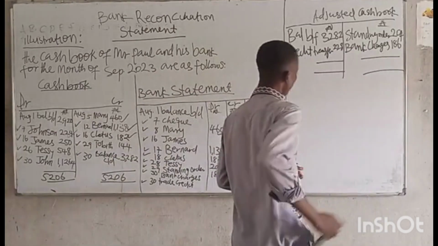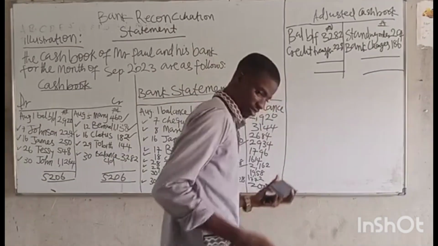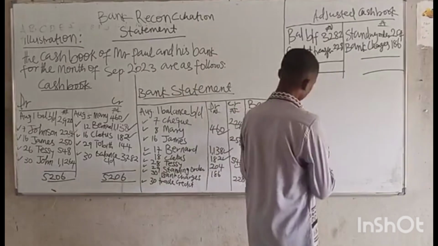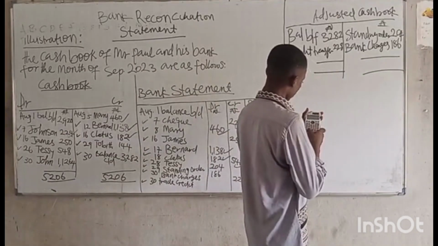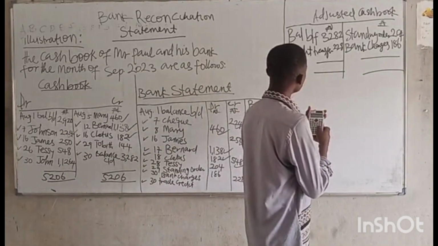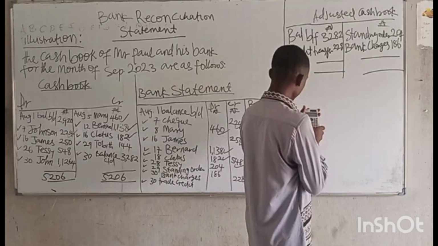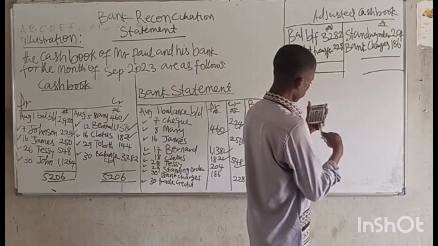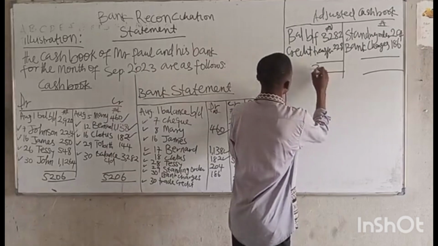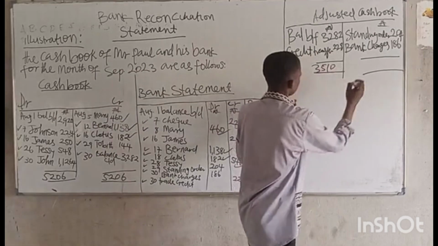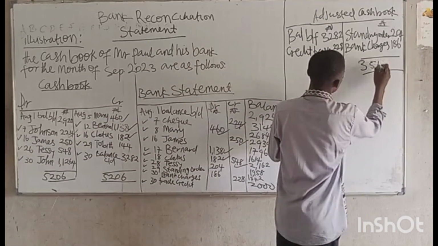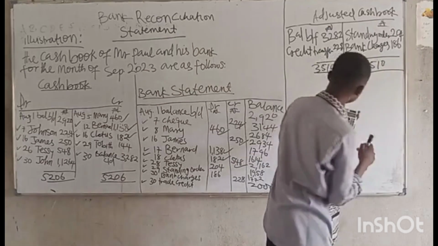If we use a calculator, 3282 plus 228, we have 3510. 3510.